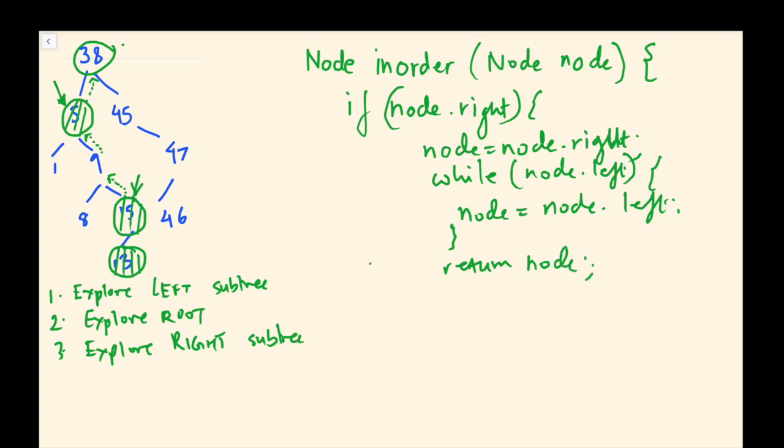So what are we doing here? It's pretty simple. We're simply finding the lowest element in the right subtree.